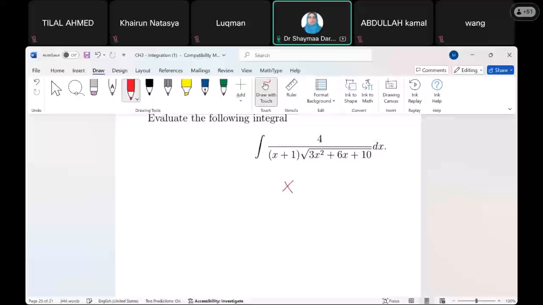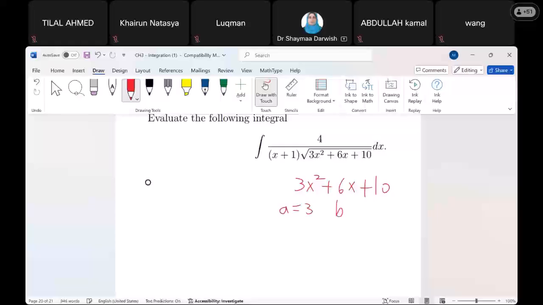So 3x squared plus 6x plus 10. A is equal to 3, B is equal to 6, C is equal to 10.